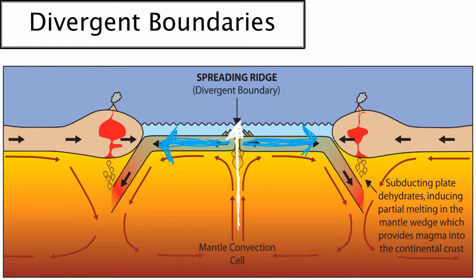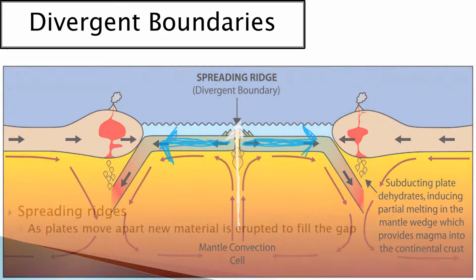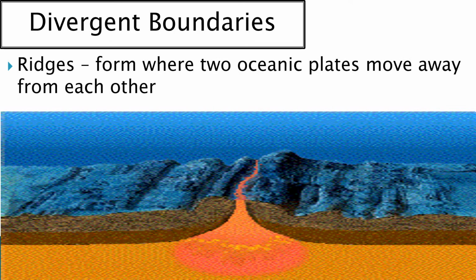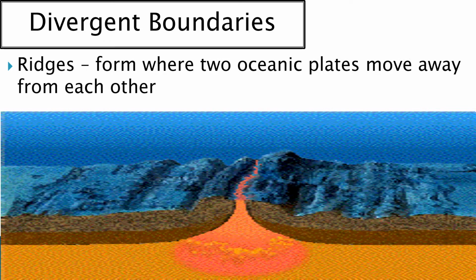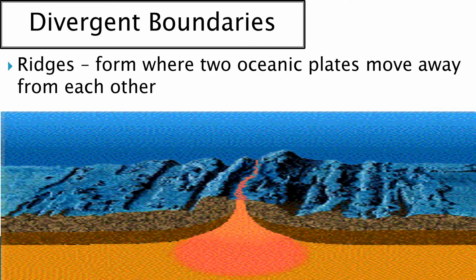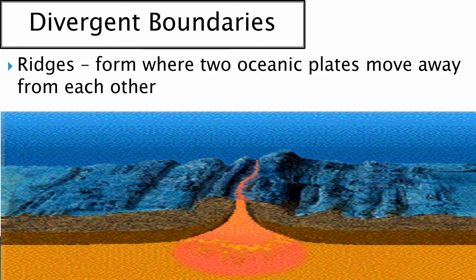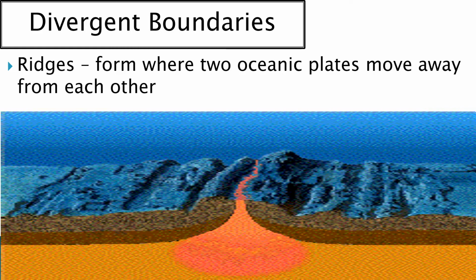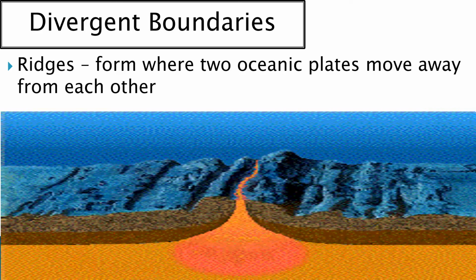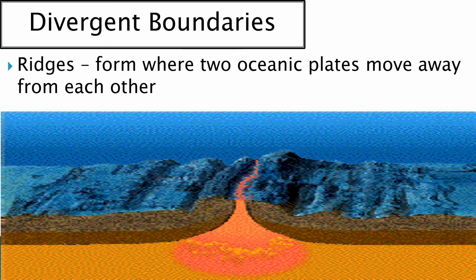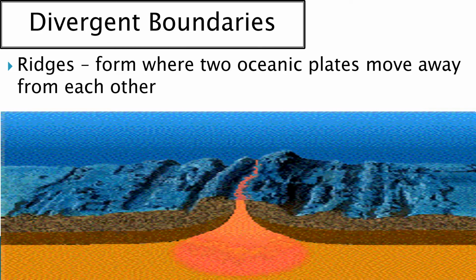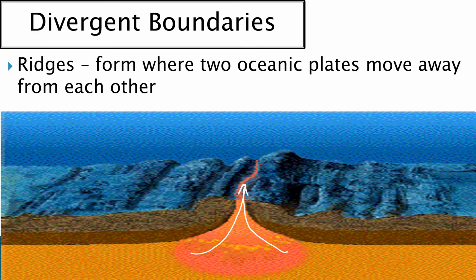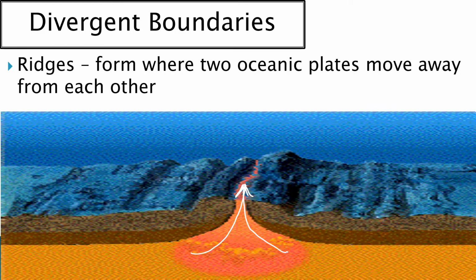But also, as these divergent boundaries eventually meet convergent boundaries, we'll also see volcanic activity. So as the plates are pulling apart on the ocean floor, oceanic plates, whenever they move away from each other, they create mid-ocean ridges where molten material is rising up to fill in the space that was left behind.